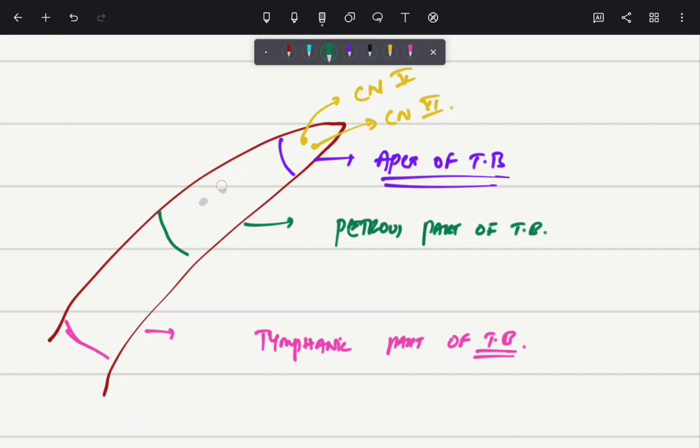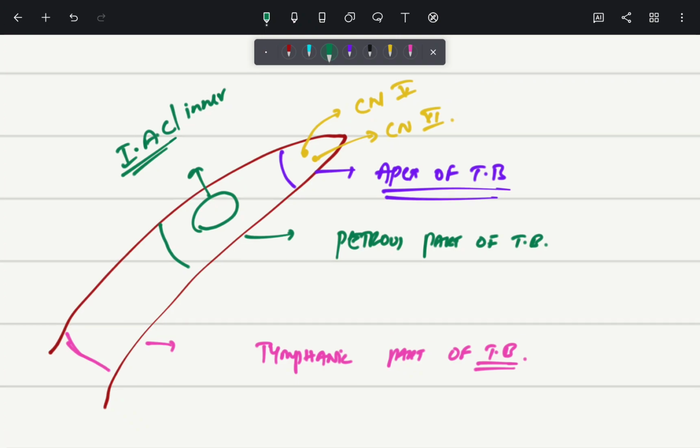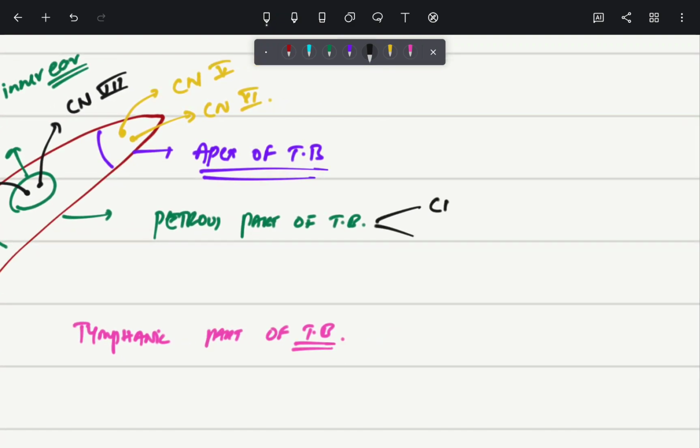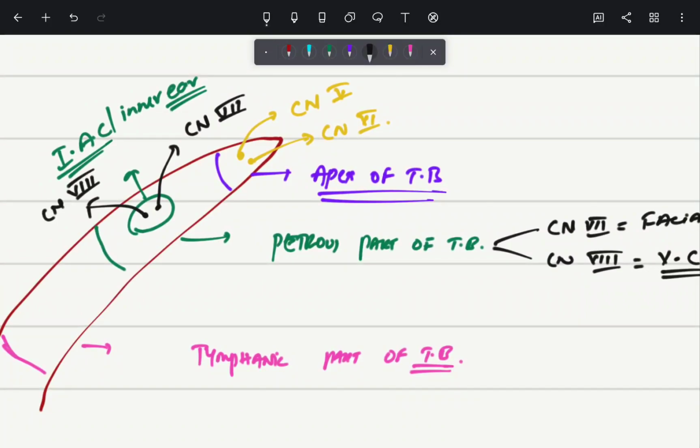The petrous part usually has the internal auditory canal, or the inner ear, through which two main nerves are passing: cranial nerve number 7, which is your facial nerve, and cranial nerve number 8, your vestibulocochlear nerve.